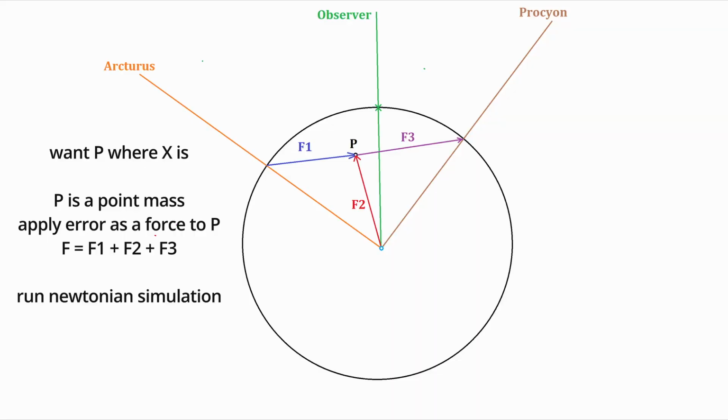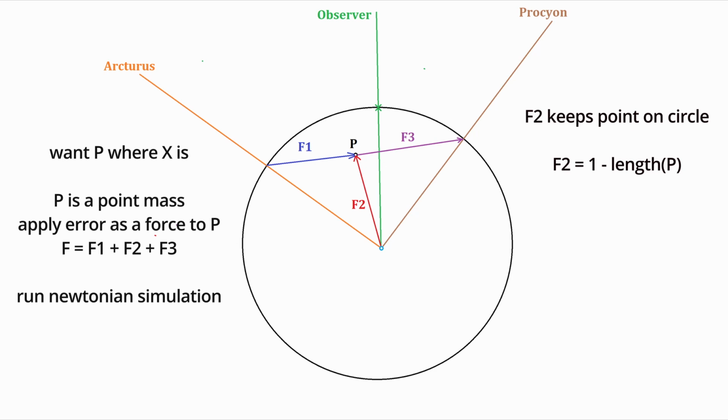Well, here's a 2D diagram of what's going on. What we want is our approximation of where the observer is standing, P, to converge on where the observer actually is standing, the little green X. We consider P to be a point mass and apply the error between P and X as a force to that point mass, and we run a Newtonian simulation. In the two-dimensional example we're looking at, there are three errors we have to account for.